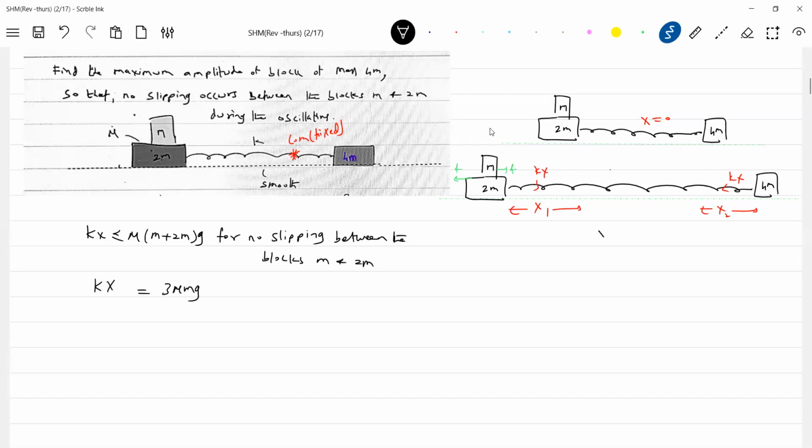So what is x? X should be equal to x1 plus x2. 3m x1 should be equal to 4m x2. Why this equation? Center of mass will not shift. So now let me replace the maximum value of this one.